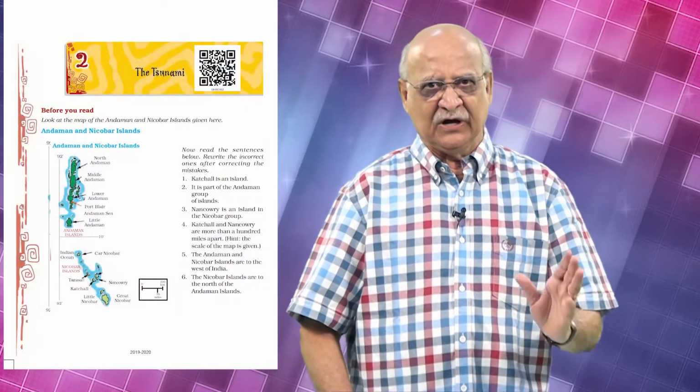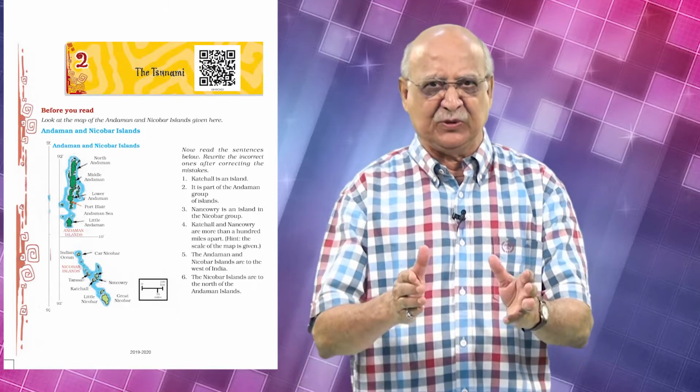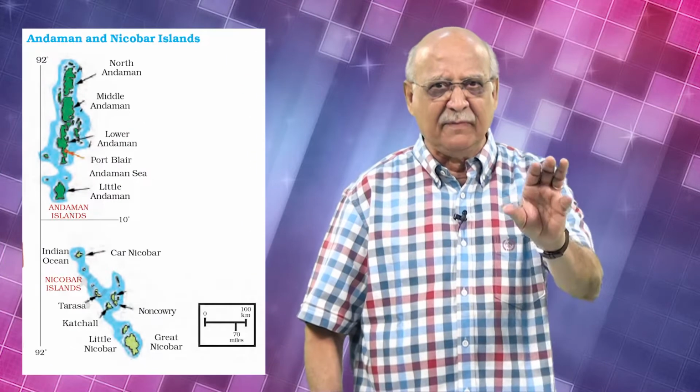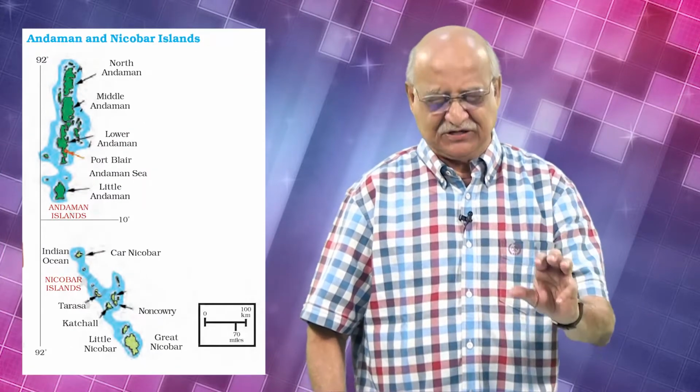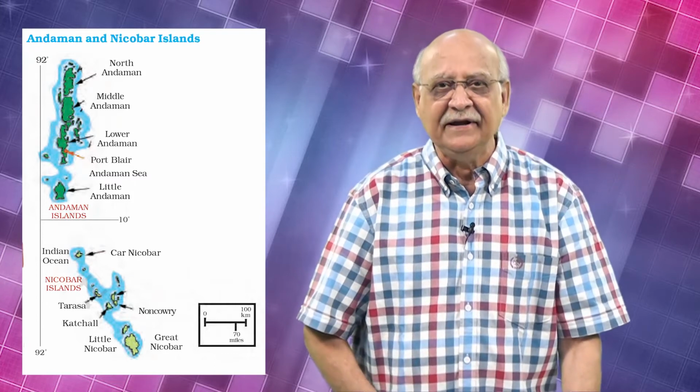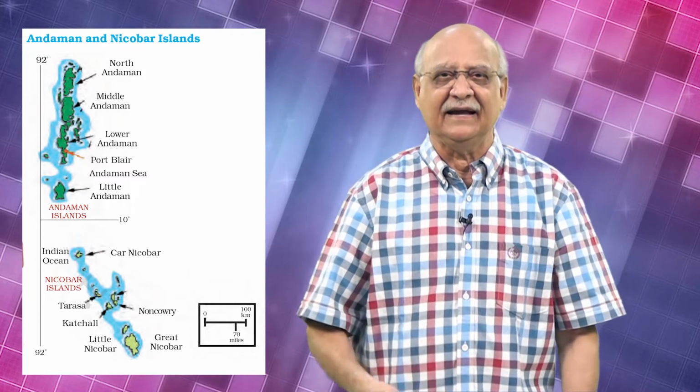And so today we will read about the tsunami, where it happened, what happened, and what were its effects. We'll look at all these things today. Shall we? Okay. Look at page 24 where you have a map in your book. Can you see the map? That's right. That's the map of our own Andaman and Nicobar Islands.